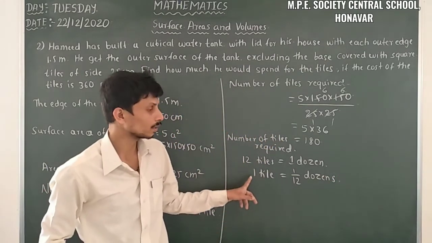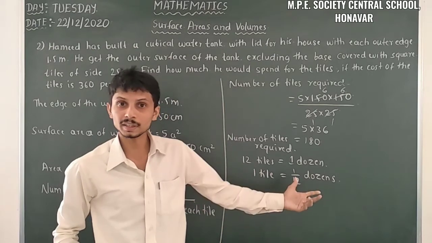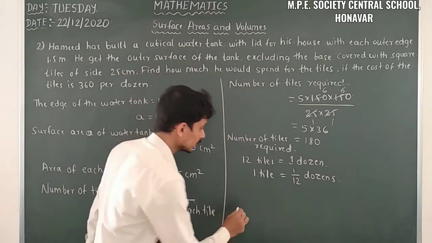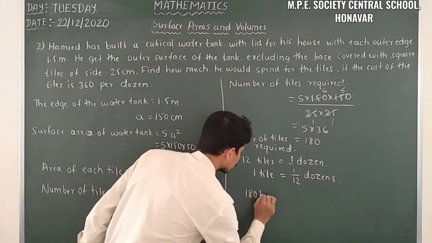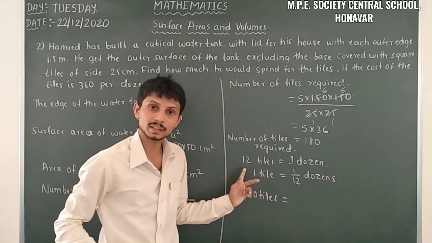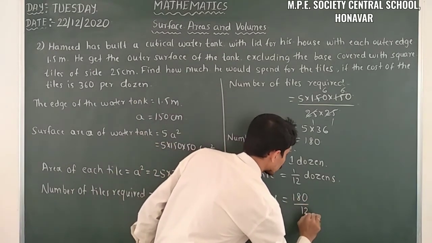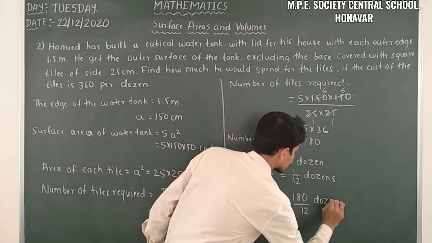So we have to find out how many dozens 180 tiles make. For that we have to multiply 180 here, and here also we have to multiply. That is 180 by 12 dozens.